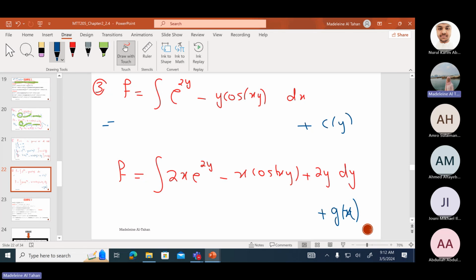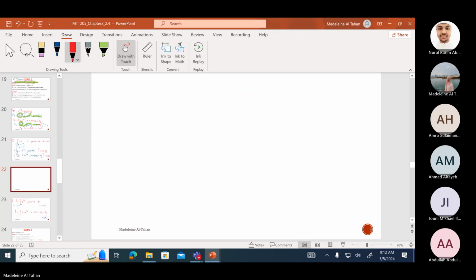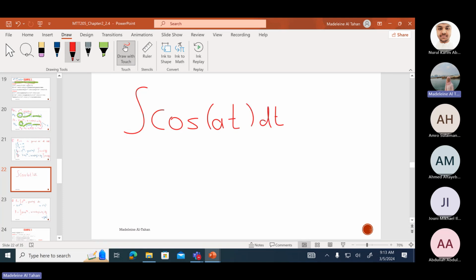e^(2y) with respect to x, e^(2y) is a constant with respect to x. Minus y cosine xy. The integral of cosine at dt is equal to what? 1 over a sine at plus a constant, right?